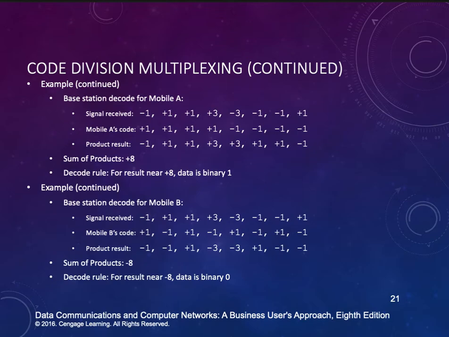The sum of the products is plus 8. So the decode rule is that a result near plus 8 means binary 1. Initially we have the signals converted to ones and zeros, sorry, plus 1, minus 1 and plus 1, totaled and combined, transmitted, and decoded at the other side. And this is happening in a split second.